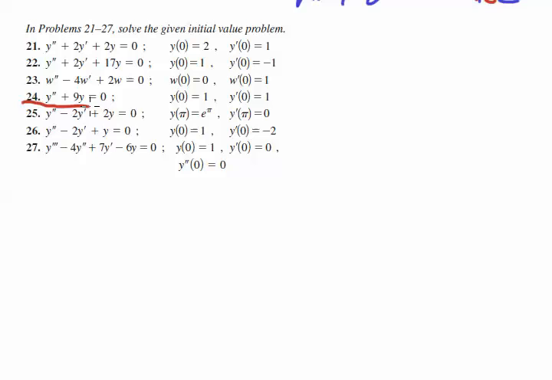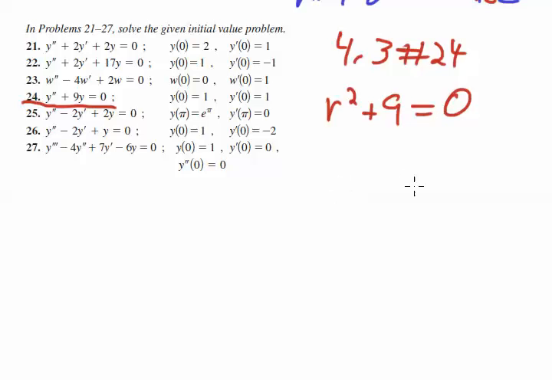For section 4.3, number 24, for instance, we're going to have an r squared plus 9 equals 0 for our characteristic equation, and the solutions to this, r squared equals -9, so r equals plus or minus 3i.